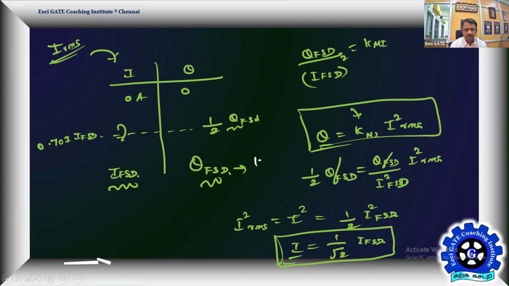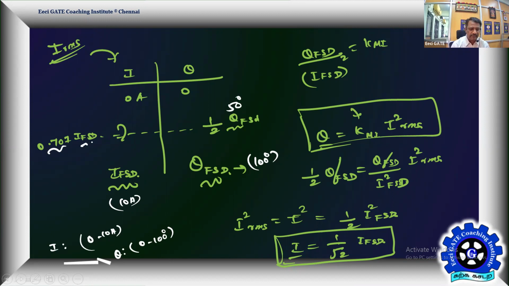For example, for 10 amps current, let me say, the range of the instrument is 0 to 10 amps, making 0 to 100-degree angular deflection. Assume this is your current measuring, and this is the deflection of the pointer. Then 10 amps creates 100-degree, so 50-degree will be created by 0.707 times your full scale current. What is that? 7.07 amps is going to give 50-degree.